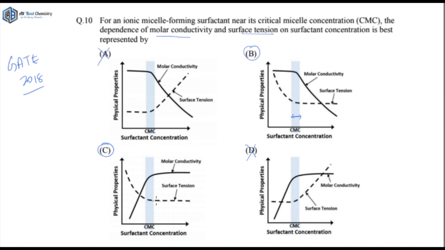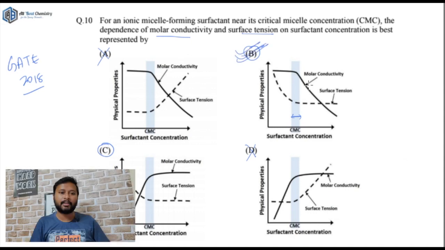And you're talking about molar conductivity, that means you're just measuring 1 mole of the molecules, or 6.02 x 10^23 molecules, into consideration. So both the graphs are only valid in option B, right? The molar conductivity graph is first decreasing a little bit and then a steep decrease, and the surface tension is first decreasing and then becoming saturated. So both properties are being explained properly by option B.